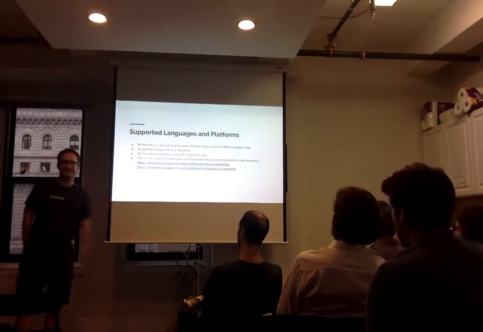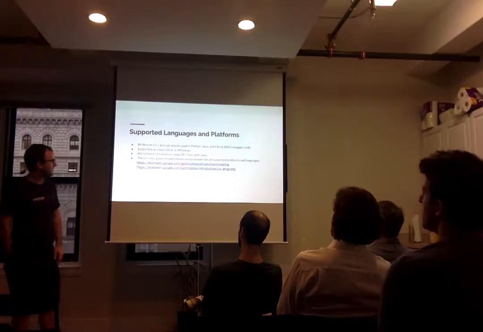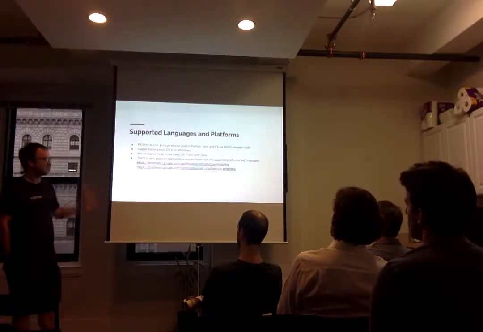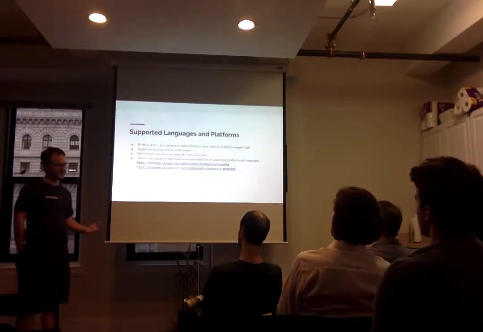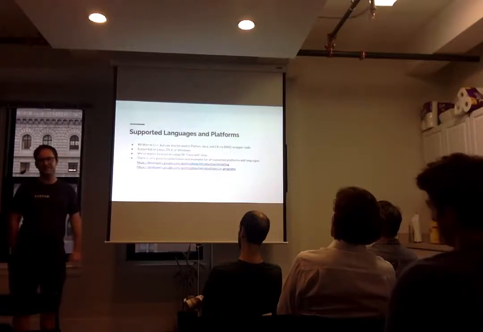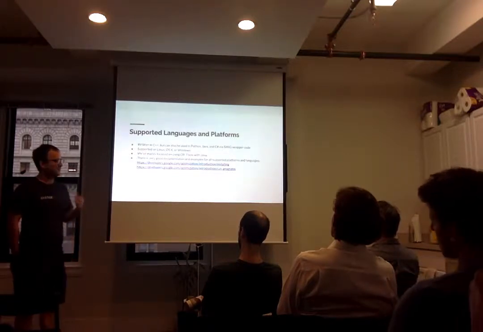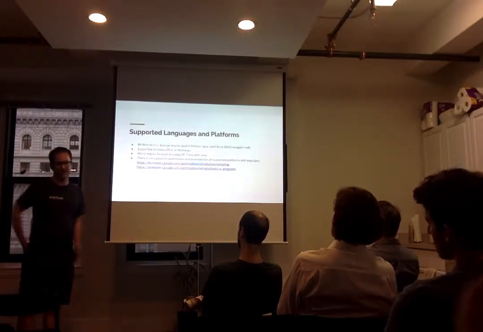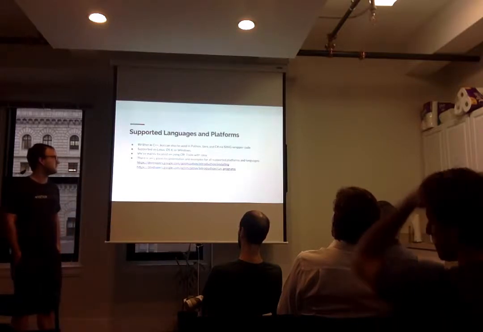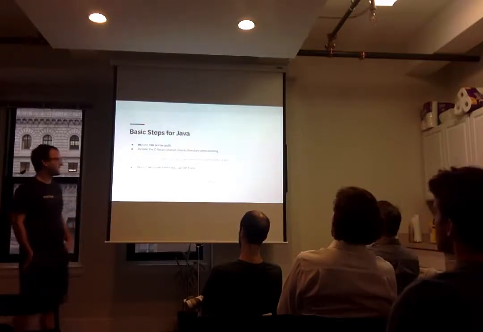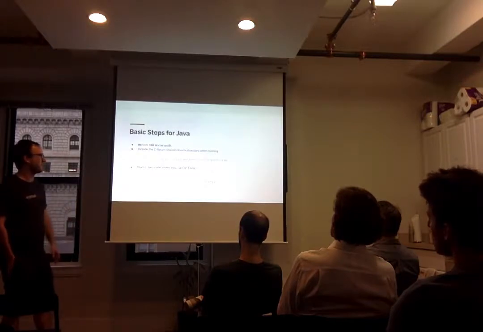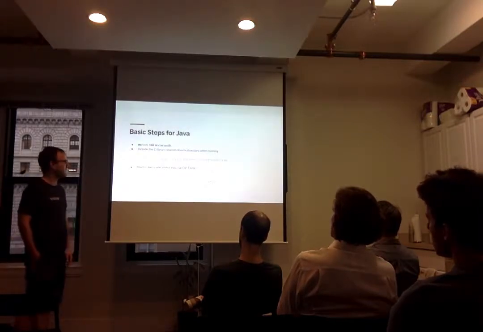We've mainly used it in Java on Linux, and there's a lot of documentation on installing and running programs. Also, tons and tons of examples that are in the download archive you get from Google. Just some real basics about running a Java program with OR tools.